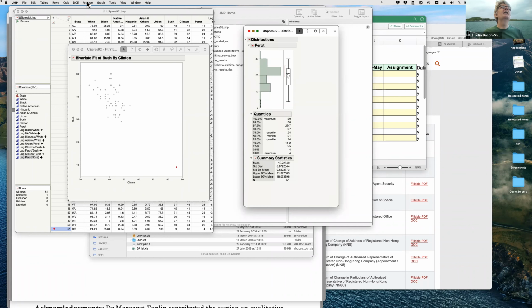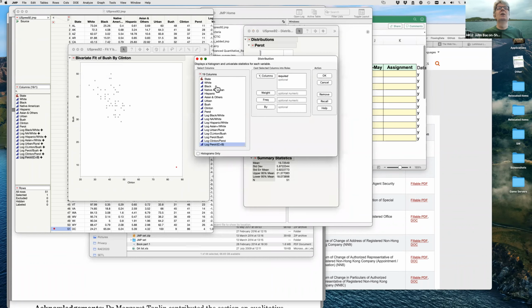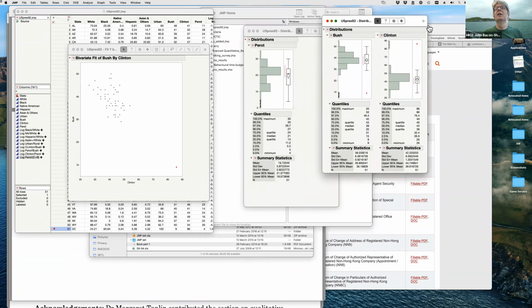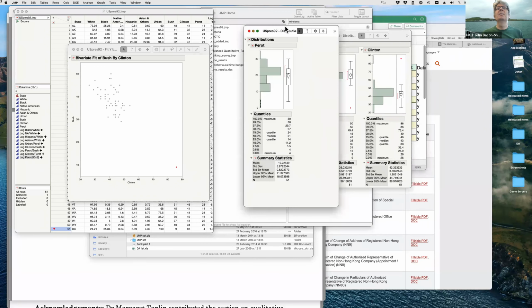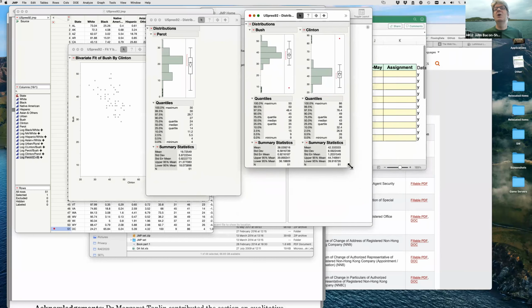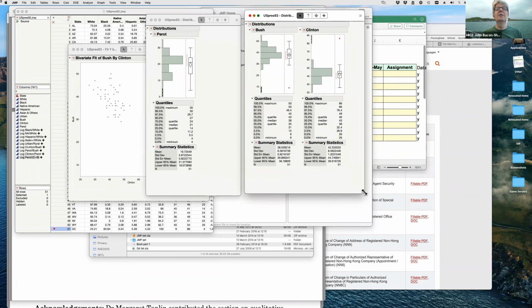If we look at the distribution for Bush and Clinton, you'll see you didn't have to get 50%. With a three-way split, you at least needed 33%. Bush has a median of 38 and Clinton has a median of 43. In some states they did poorly.